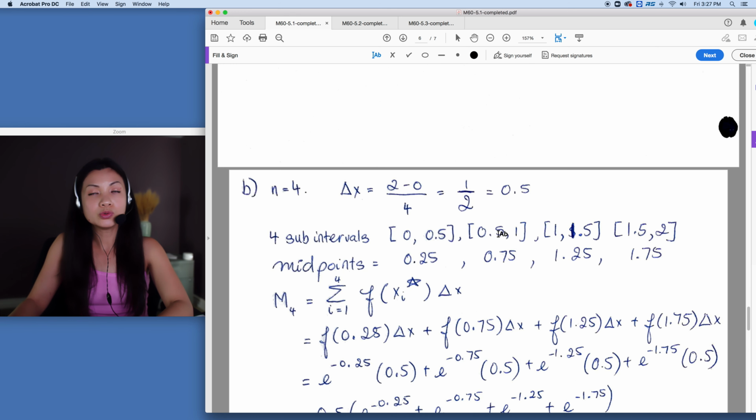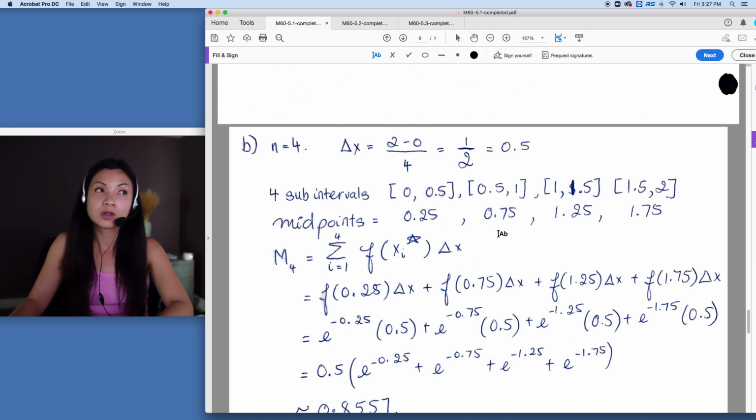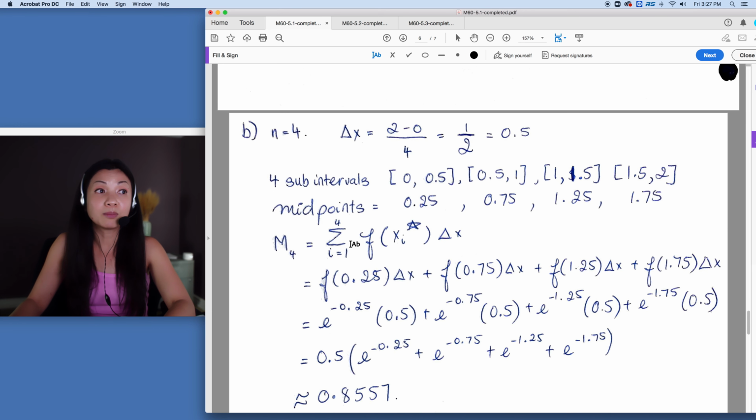We're going to use n equals 4, so we have 4 subintervals. The same thing, instead of n, this time I have 4. So I have (2 minus 0) divided by 4, which is a half. Since I have 4 subintervals, these are the points. Because the question asks you to use the midpoint, I'm using the midpoint of this one, this one, and this one, and then I plug it in.